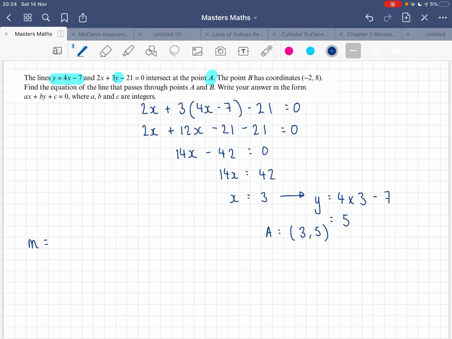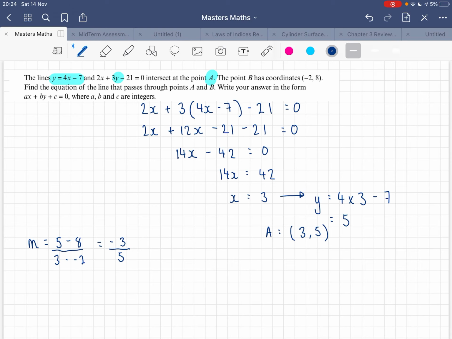So I'm going to do A minus B. So I'm going to do 5 minus 8, and then I'm going to do 3 minus 2. 5 minus 8 is negative 3 divided by 5. I'm just going to leave it as negative 3/5.